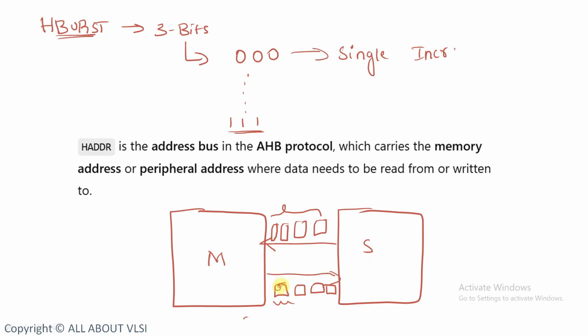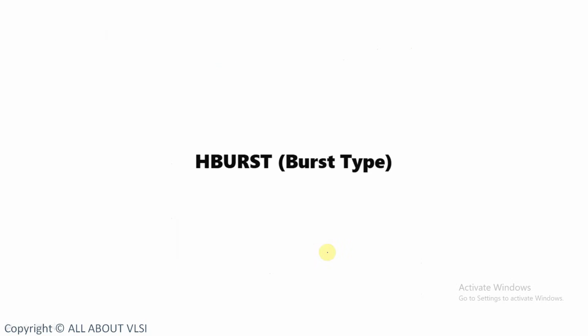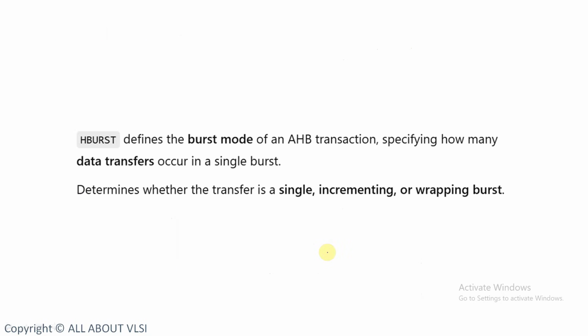To know the size, use one more signal, HSize. So HBurst defines the burst mode of an AHB transaction, specifying how many data transfers occur in a single burst, and whether the transfer is single, incrementing, or wrapping burst. That we are going to see.